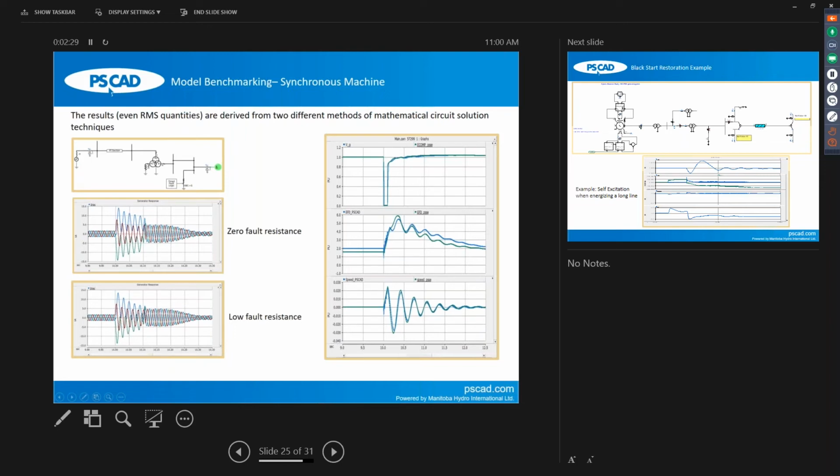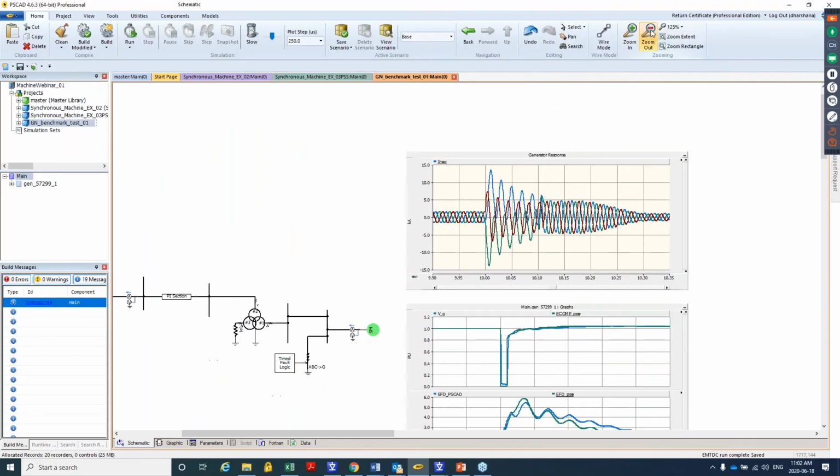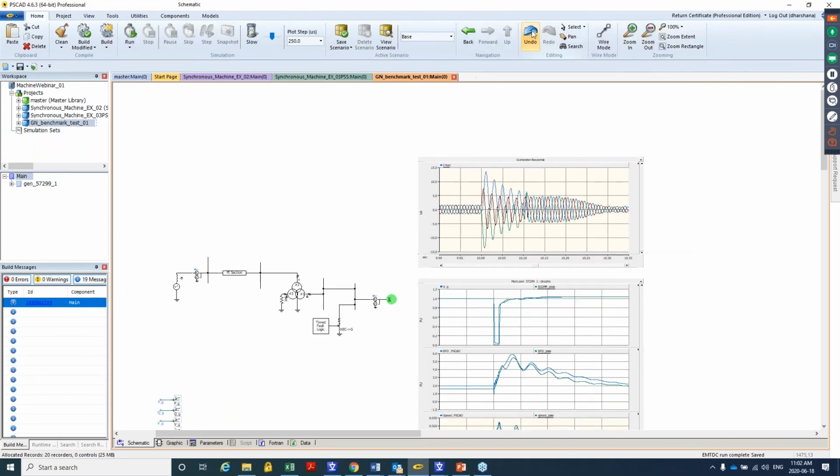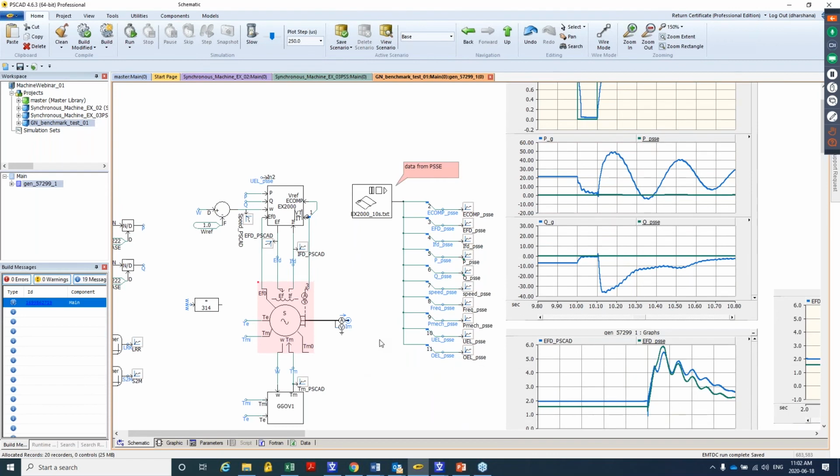Maybe we can retune to get a better match in initial conditions, but generally what I say is if you get these type of responses, that's pretty good. So this is the example case which you will have. Inside this green circle is my machine.